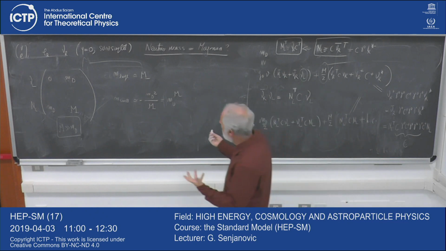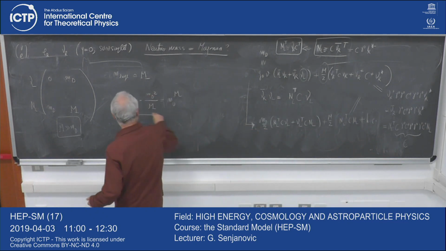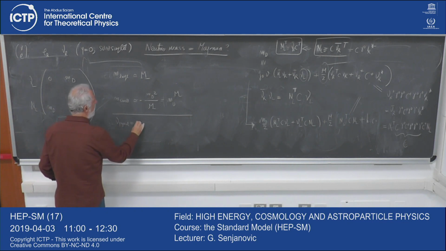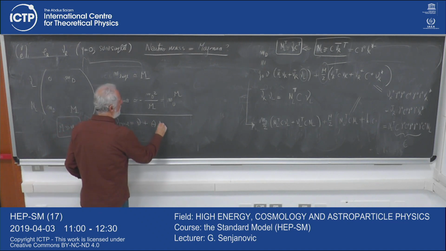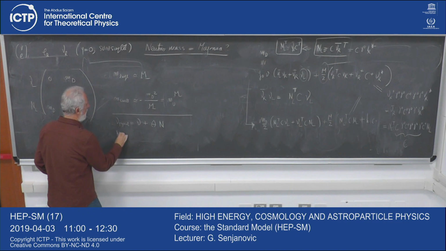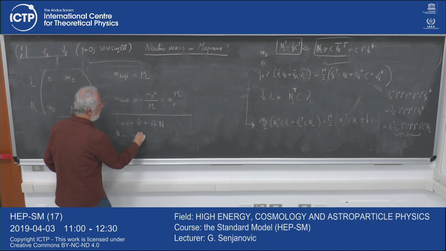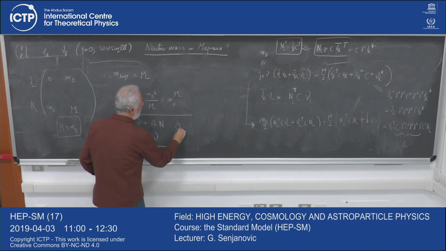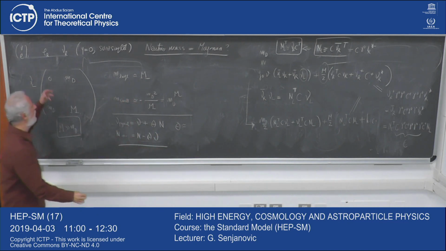And the physical states really, but I don't want to change the notation, will be like this. Nu physical, my neutrino, is nu plus theta N. And N physical is N minus theta nu. And theta, notice, what is the mixing between those states?